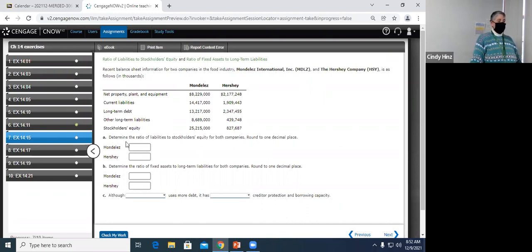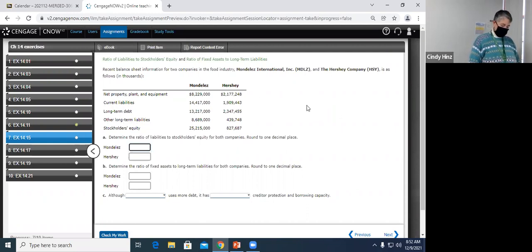So we start with the ratio of liabilities to stockholders' equity for each company. So let's do Mondelez first. So it's total liabilities. We have current liabilities, long-term debt, and other long-term liabilities. All 3 of those combined will give us our total liabilities.